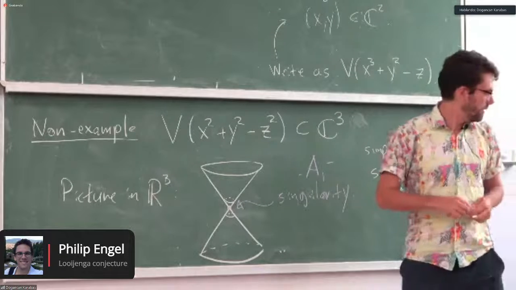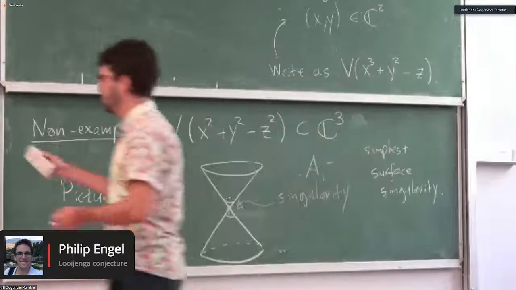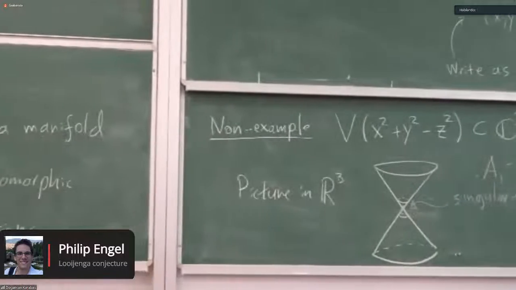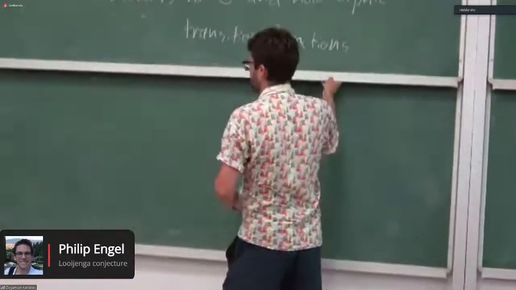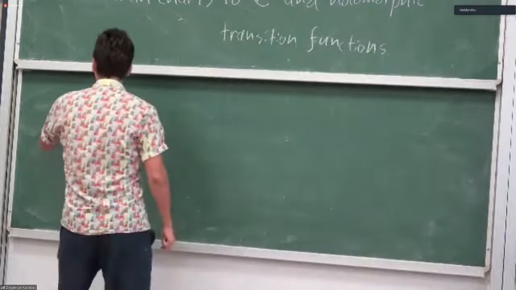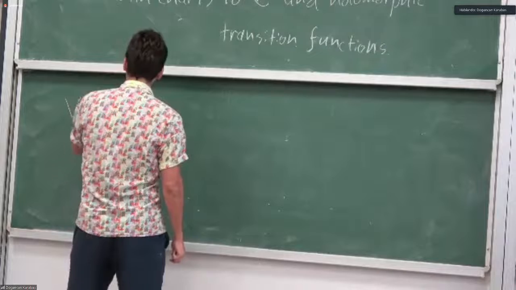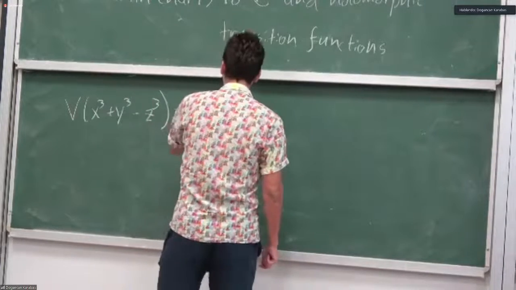And then I do want to give one other example, very similar along these lines. What if I take the vanishing locus of x cubed plus y cubed minus z cubed contained in C3?